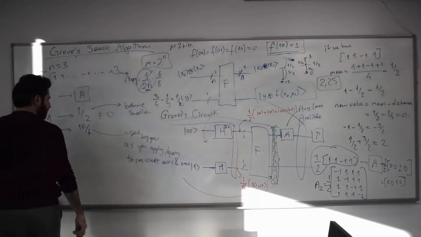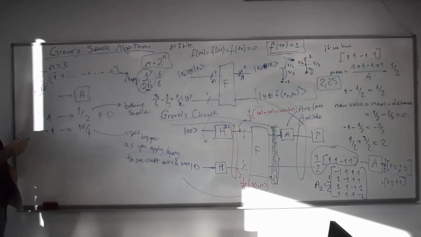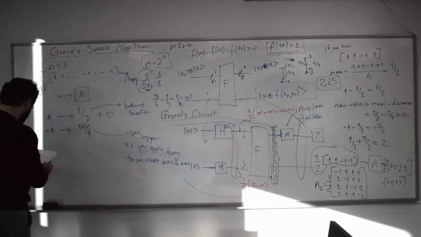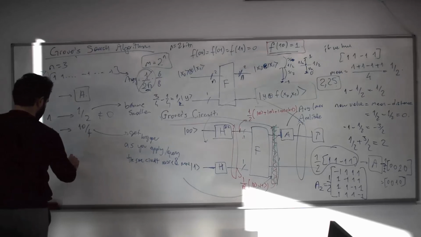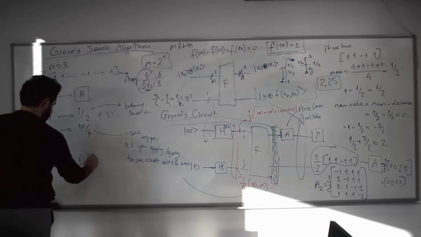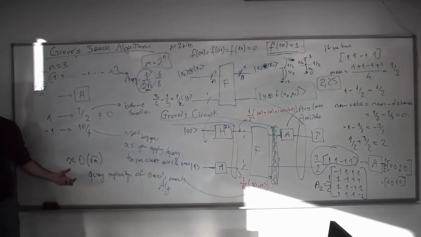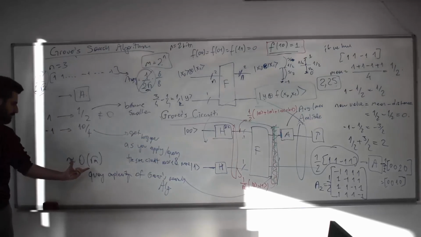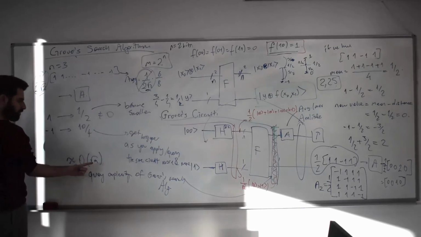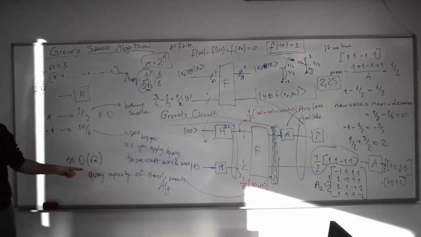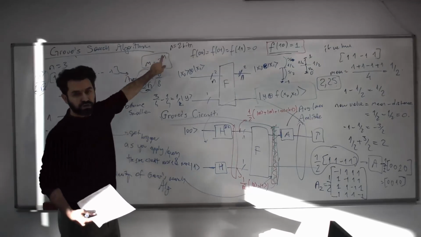In fact, as Grover's original paper showed, if you apply this again and again, how many times? Well, on the order of square root of m, and m, as you know, equals 2 to the n.